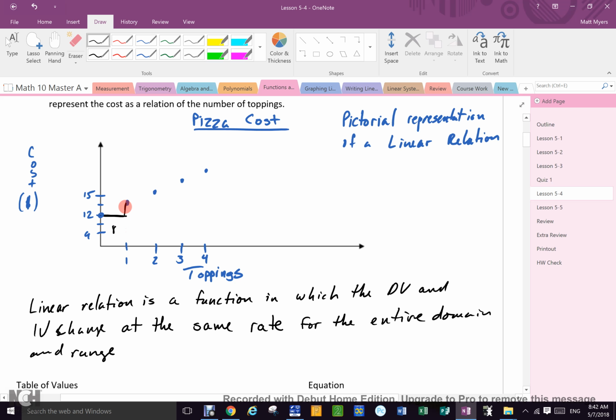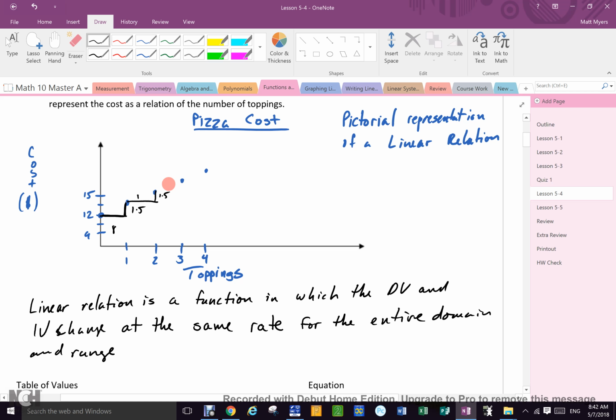How far did I go there? 1.5. Everybody agree? Now, if it's a linear relation, if I go this way 1, I'm going to go this way 1.5. Did I? Yes. If I go this way 2, then I'm going to go up 3. Did I? If I go this way 3, then I'm going to go up 4.5.